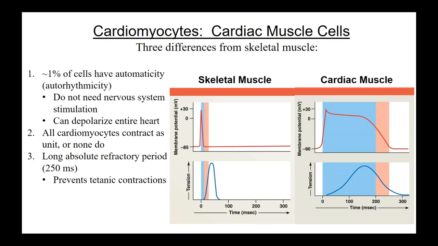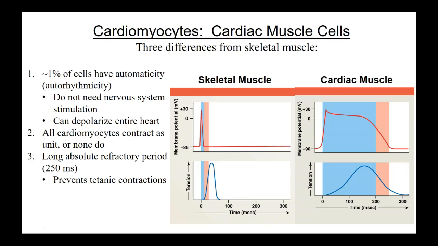So remember here with skeletal muscle, we had a really sharp membrane potential, okay, for action potential, right? With cardiac muscle, it's really long. One of the reasons for that is so that when we have contraction, we're not going to get another contraction for a little bit.